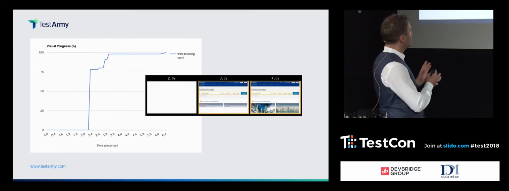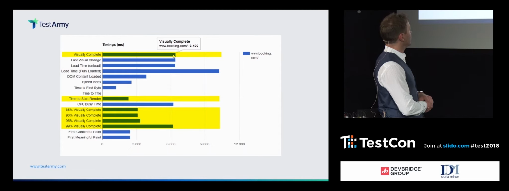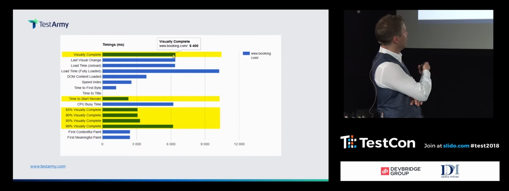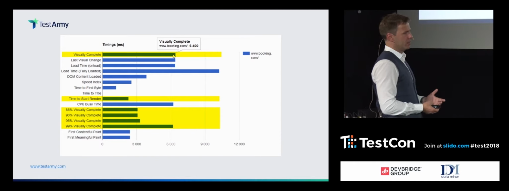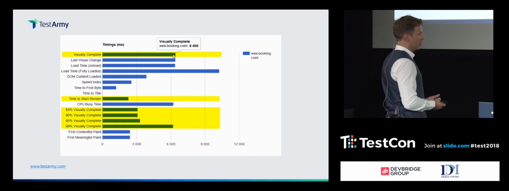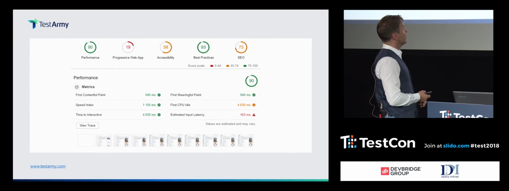So more or less this will be the time that will be reported by first meaningful paint, and we can see it here. Apparently for this site, first contentful paint and first meaningful paint are equal, but that is not always the case. In testing your site, you might have slightly different results.